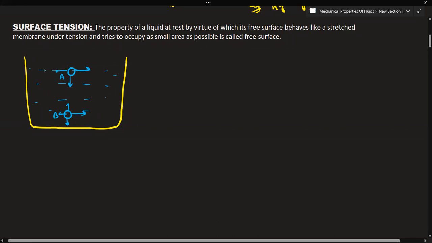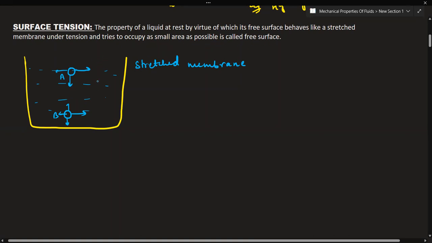What happens is that the surface of a liquid behaves as a stretched membrane, under tension, and tries to occupy as small an area as possible. This is called the free surface.